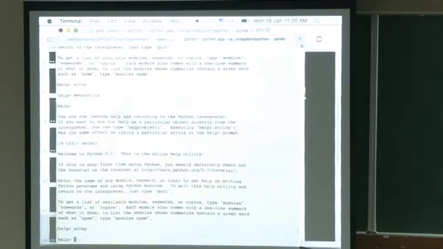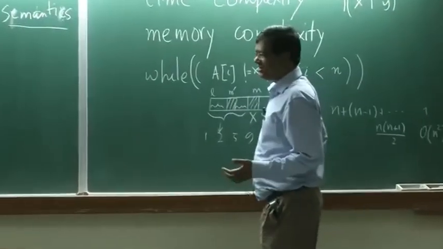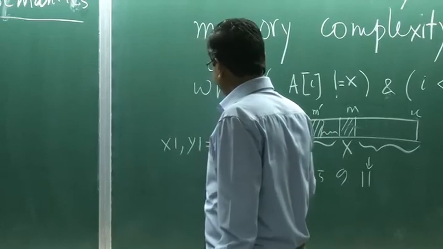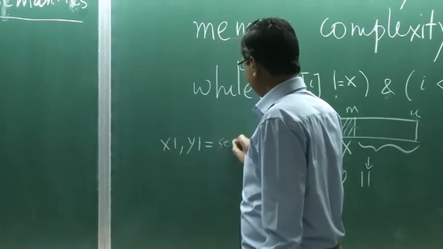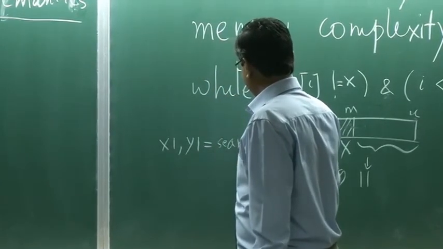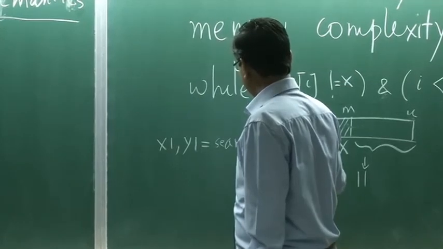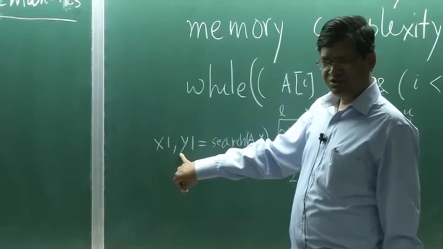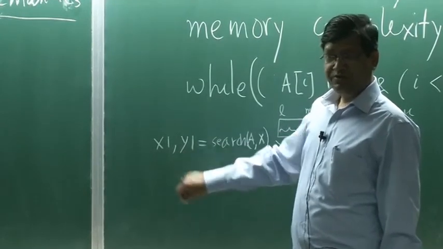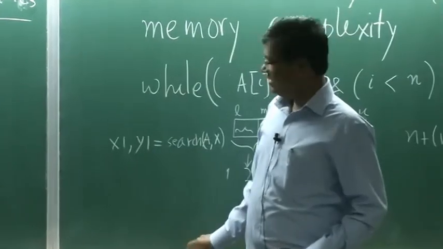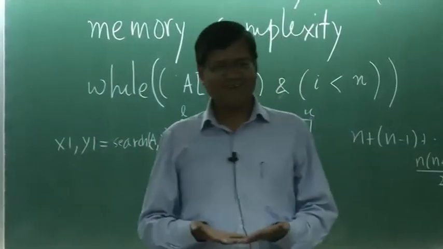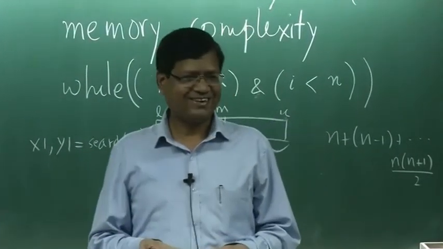So you will return two of them, and to invoke it, you have to say x1 comma y1 equal to search a comma x. The first one will be stored in x1 and the second one stored in y1. If you are expecting something, you better store it somewhere, otherwise the function is not going to give you the answer.